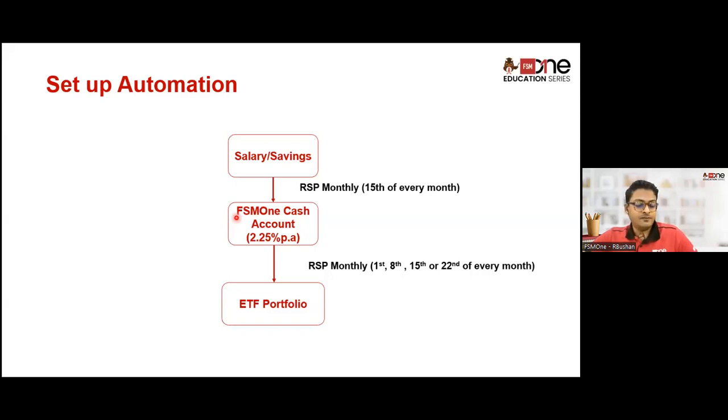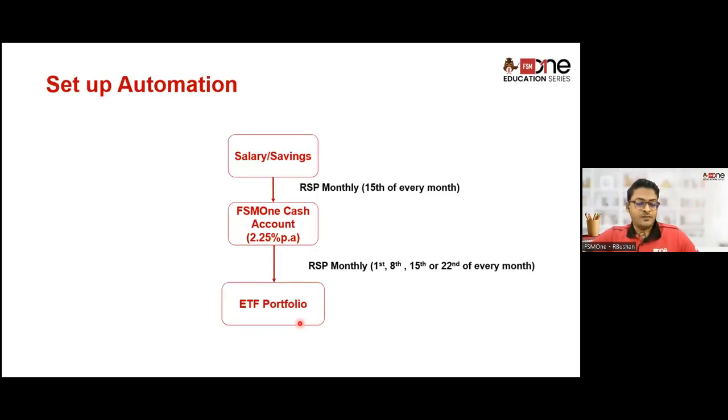Every month on the 15th, I do an auto debit from my bank account into the FSM1 cash account. And then on the 22nd, I do another RSP automation from my cash account to fund my ETF portfolio. So I just need to set up this entire flow once, and then every month this happens in the background like a machine. It just runs.